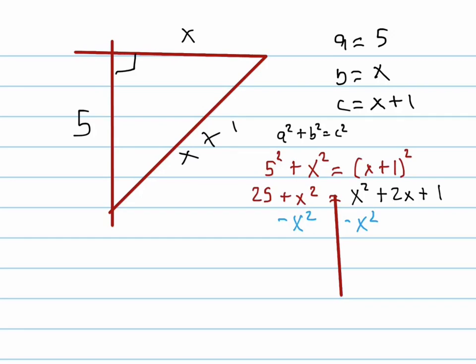Yeah, and if that doesn't make sense, 5 squared minus 5 squared, that's 0. So that's gone, and that's gone. Now this is starting to look like a problem that we could do. So we have 25 equals 2x plus 1.